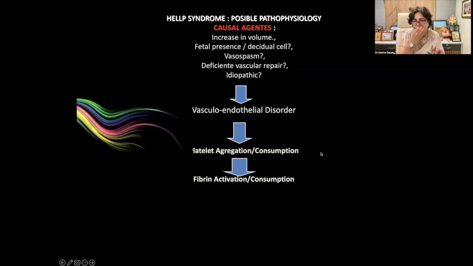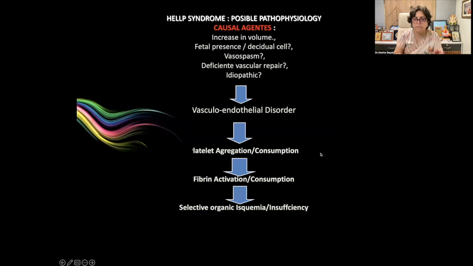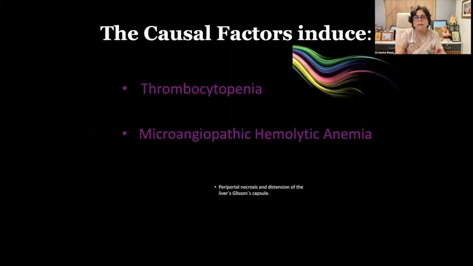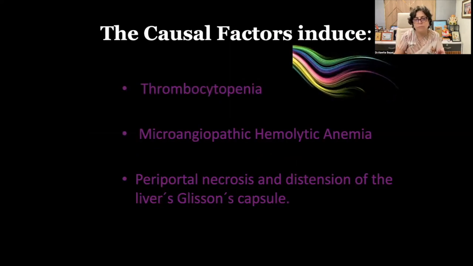It can lead to fibrin activation or consumption, and it can lead to selective organ ischemia or insufficiency, and variable manifestations are there. The causal factors include thrombocytopenia, microangiopathic hemolytic anemia, periportal necrosis, and distension of the liver's Glisson capsule.